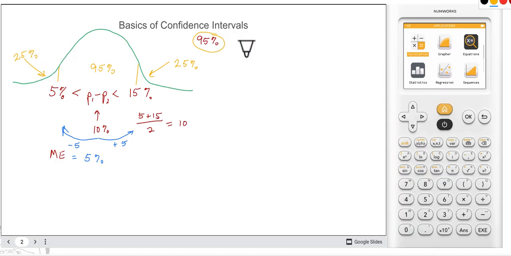But what goes with a 95% confidence interval, put it this way, is a 5% significance level. So that's alpha, right? So the alpha is always in the tails of the normal curve. Confidence interval is always in the middle.